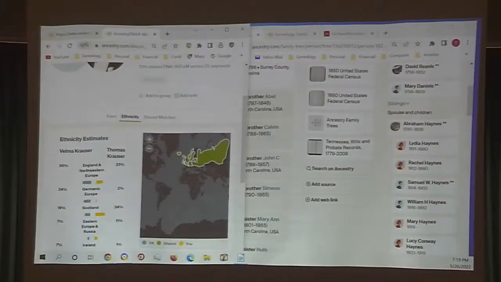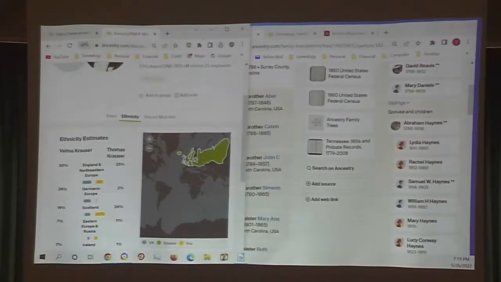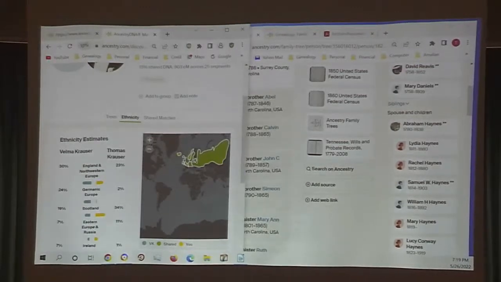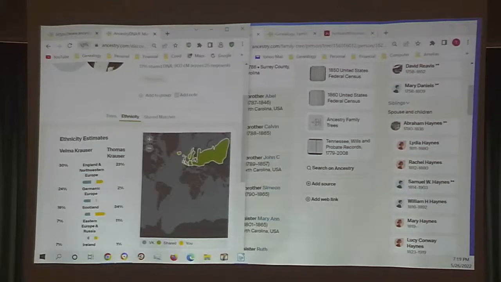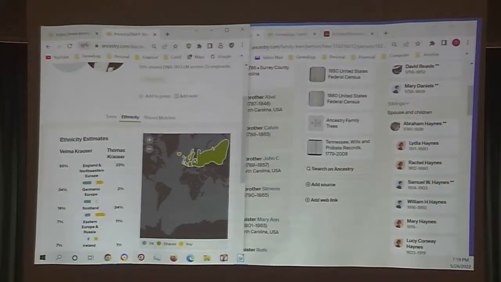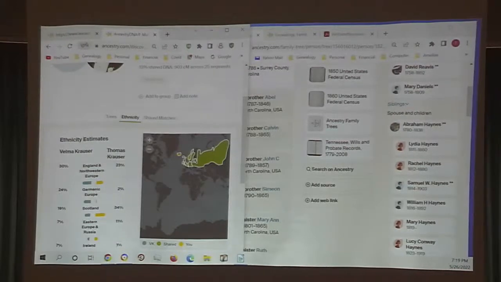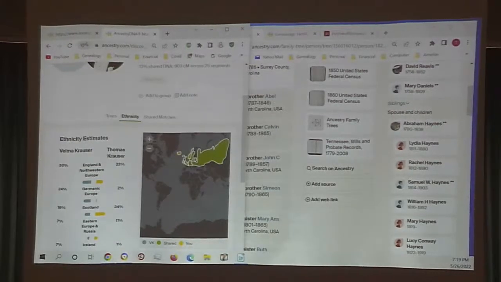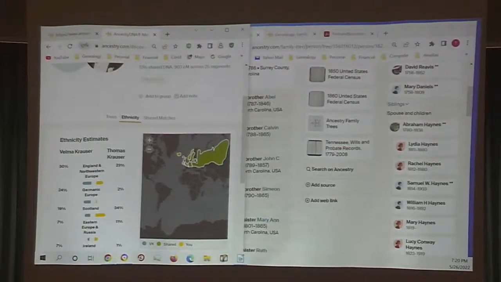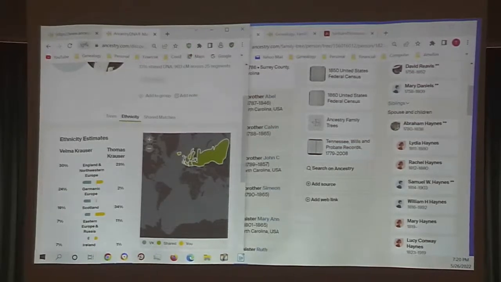They were probably also Eastern Europe and Russian. So when you add 11 and 2, you get 13. That's not bad. But I'm not pure German. I'm only 2% German and 11% Eastern Europe and Russia.